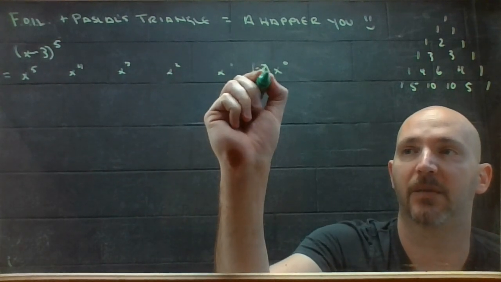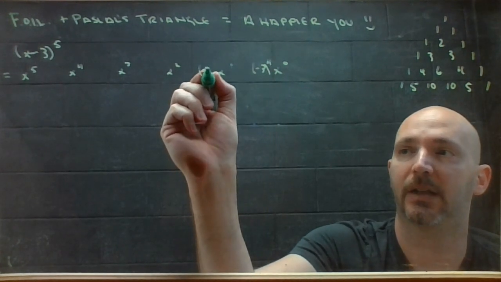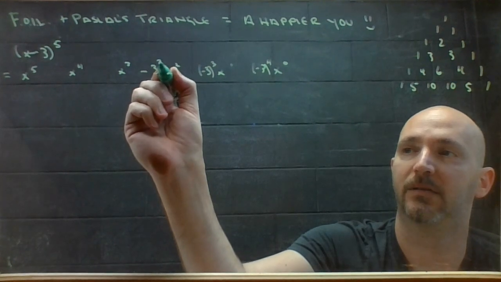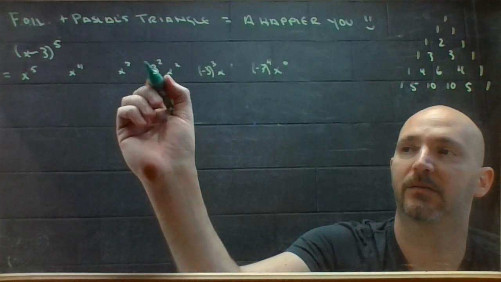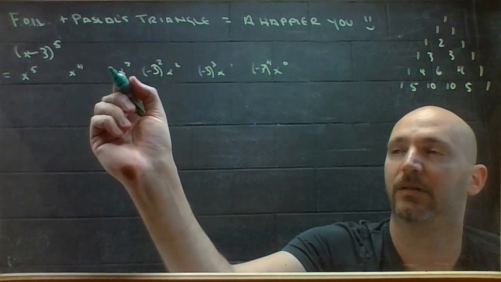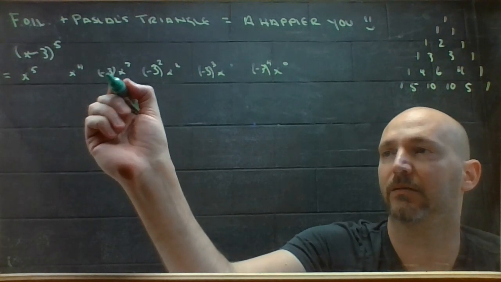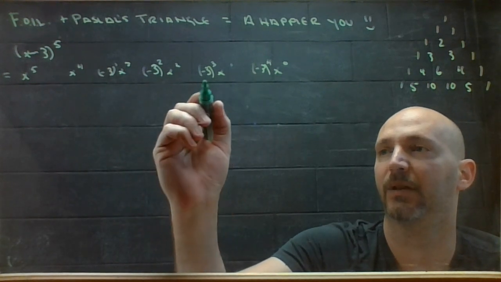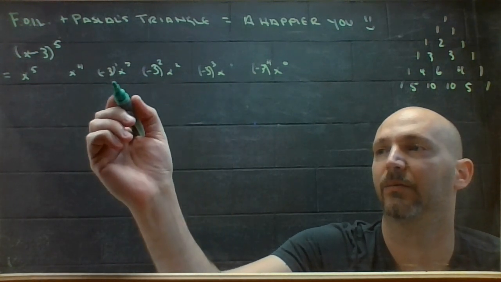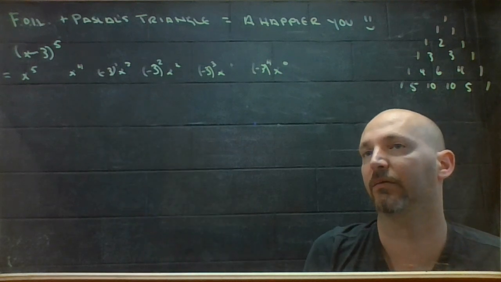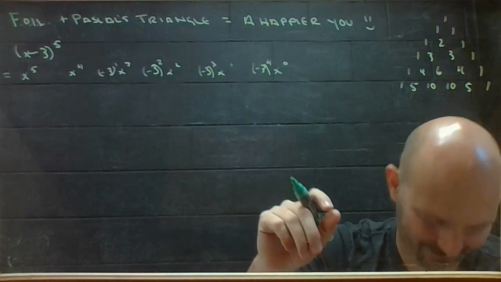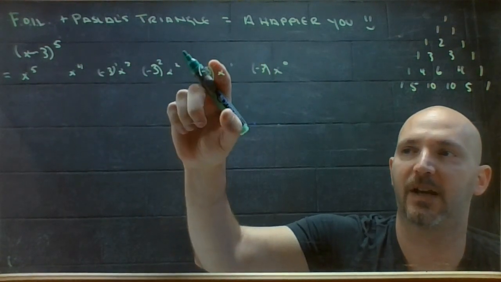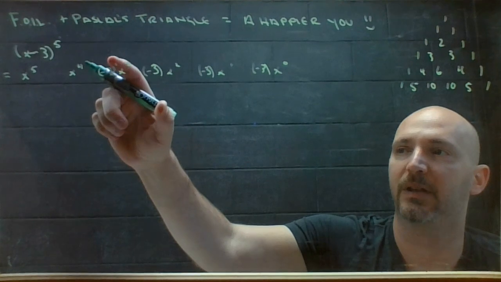It's negative 3 to the power 4, negative 3 cubed, negative 3 squared, negative 3 power 1. Oh, I missed one. 4, 3, 2, 1. It's power 5. So that should be 5, 4, 3, 2.